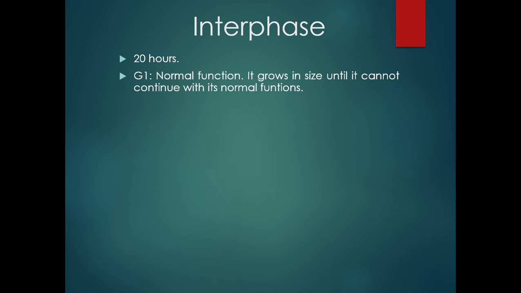Let's suppose that we're talking about one of your blood cells, for example. Cells are going to keep growing a little bit until they can divide, but they will keep on working normally.